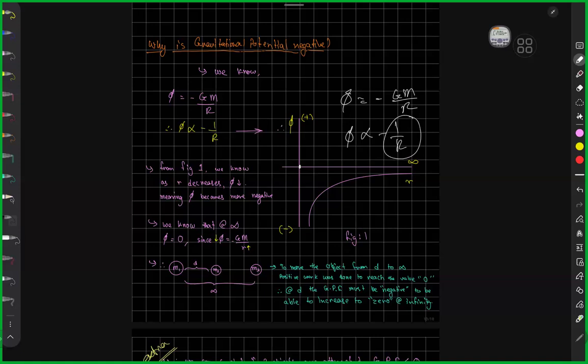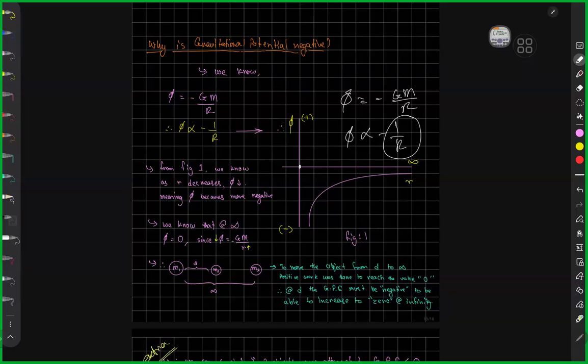On your Desmos calculator or somewhere, if you just plot 1 by r, you will see the graph looks like this. You can try it out at home. Because of the 1 by r, you have an asymptote over here near zero. This is why the asymptote exists.